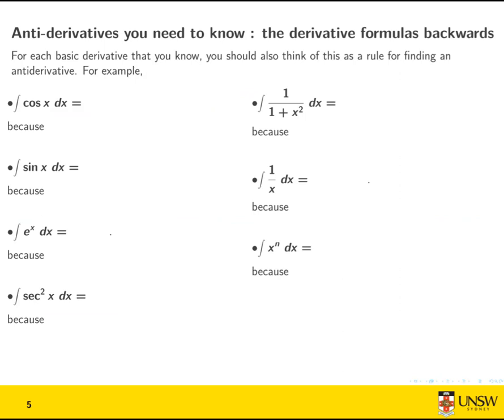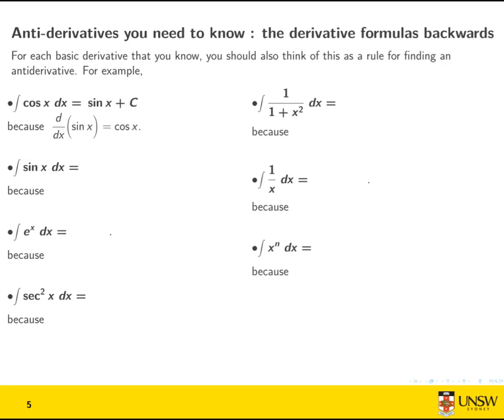The previous example showed that one way of finding antiderivatives is just to use the derivative formulas backwards. For example, the first question asks, find all the functions whose derivative is equal to cosine x. So we try to think of the derivative formulas we know, and we know that sine x has a derivative equal to cosine x.